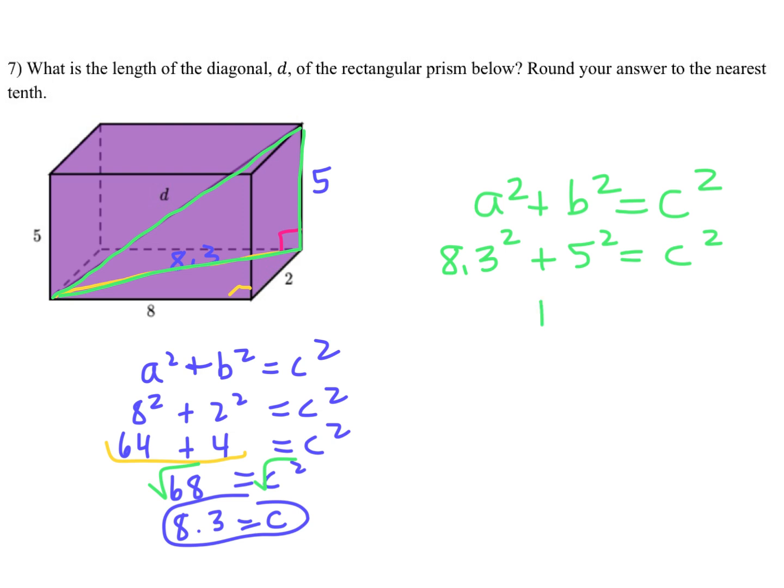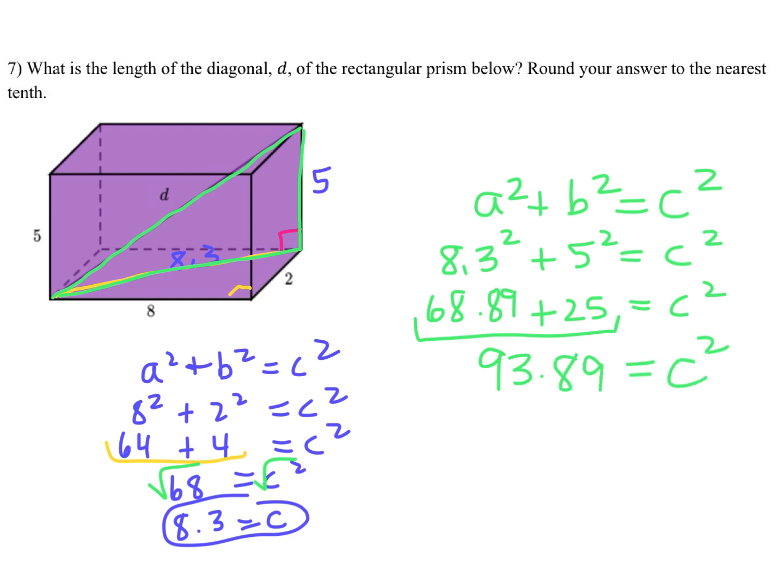Okay, so let's see. I know 5 squared is 25, and 8.3 squared. Okay, so now I'm going to add that together. Okay, so that is 93.89 for c squared. And my final step is to take the square root of that.